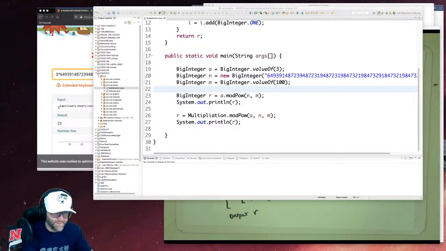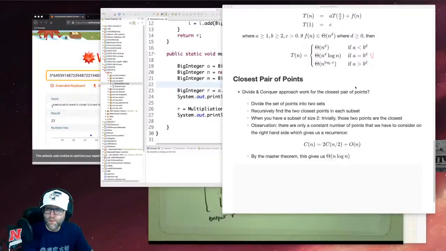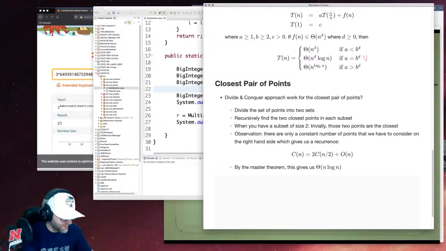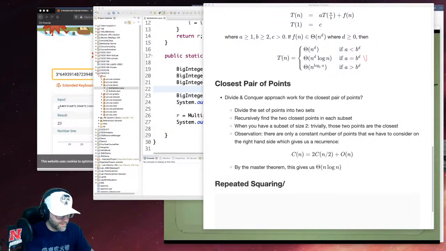All right. Let's go back. All right, so we looked at repeated squaring, fast binary exponentiation, and I might update the notes later on that.